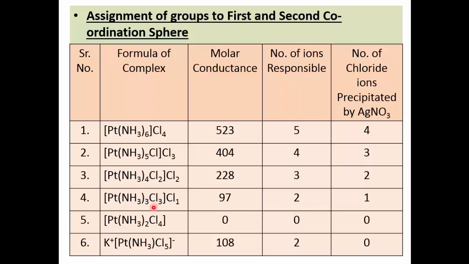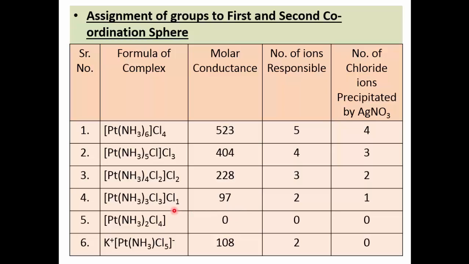Next one, now one more chloride ion jumps into the square bracket and loses ionizable property. So 3 chloride ions and 3 ammonia molecules are attached to platinum, and hence on this square bracket there is only +1 charge. It is a cation, and one more chloride ion is present outside the square bracket. So 2 ions are formed here, and it is proved with the help of molar conductance value 97.